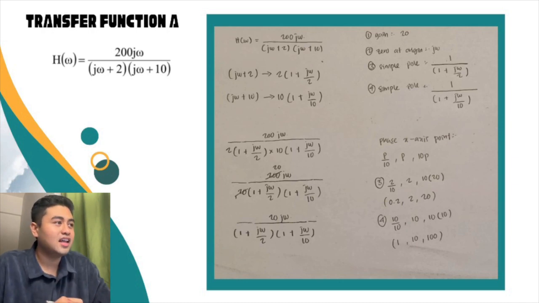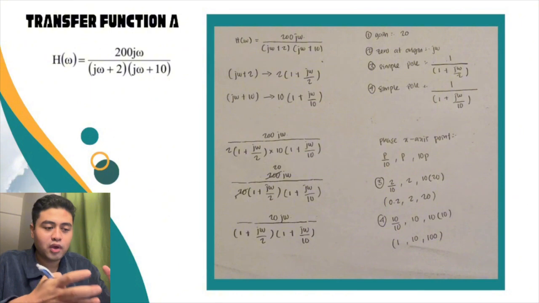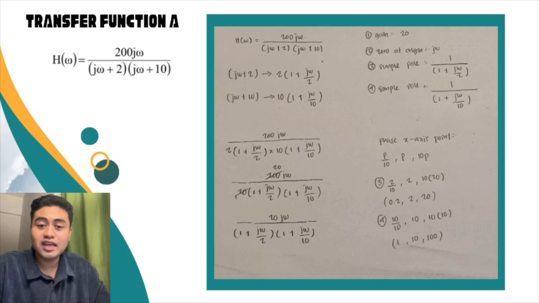Part A states that the transfer function is 200 jω over (jω plus 2) multiplied by (jω plus 10). When we want to convert it to a Bode plot, we need to simplify it first by referring to the table of Bode plots from the previous slide.